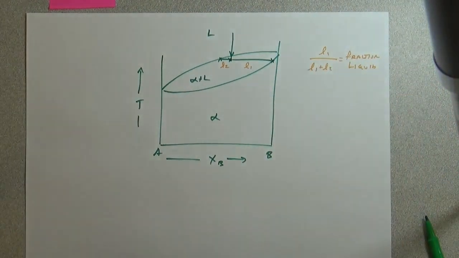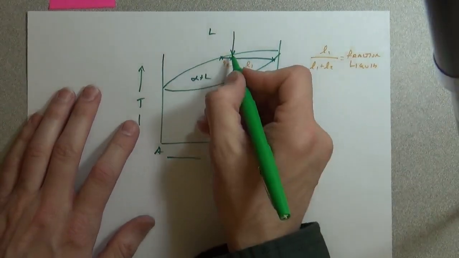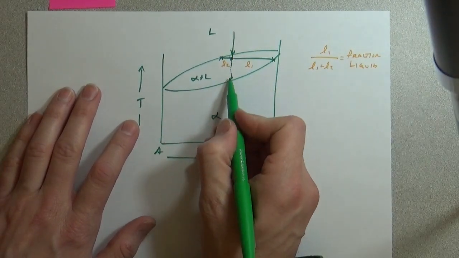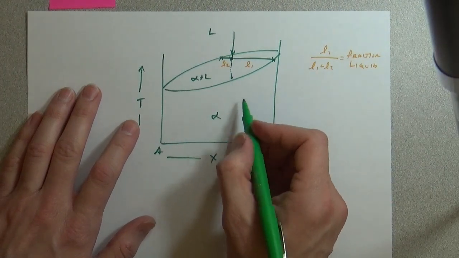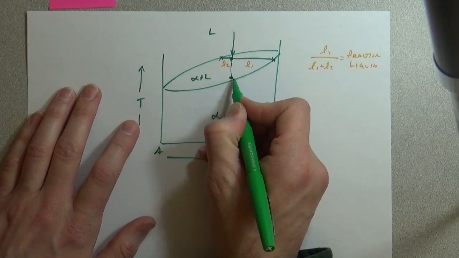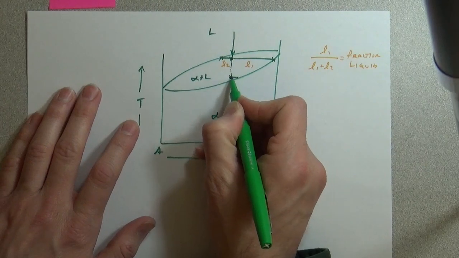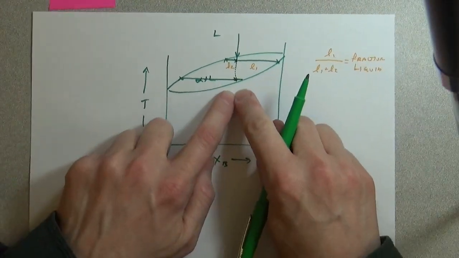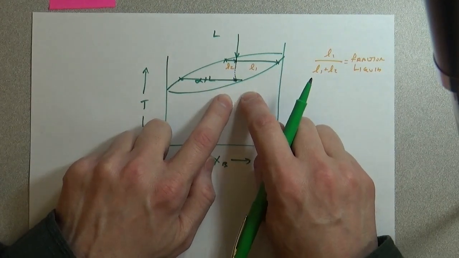And now let's say I keep cooling down. Now I'm right at the edge of the solidus, right here. Well, now, if I want to figure out how much is present, I draw this line. And we know that we're really close to the solid line, which means it's mostly solid.